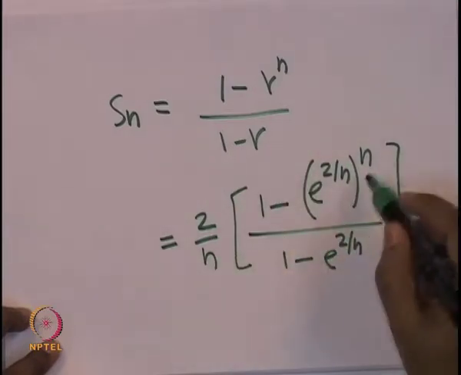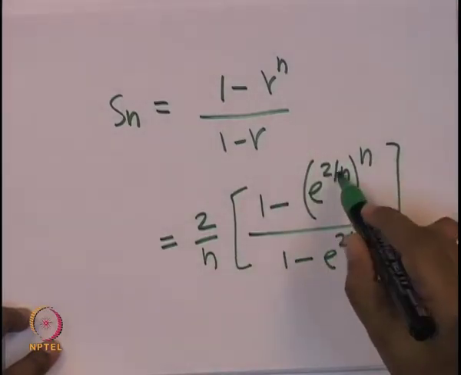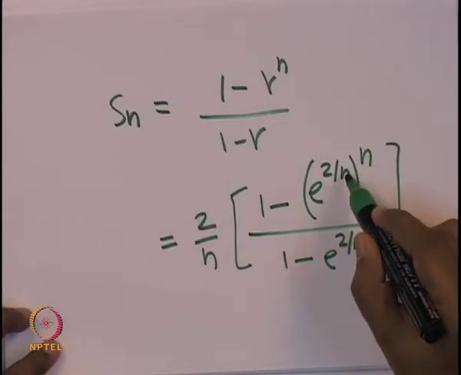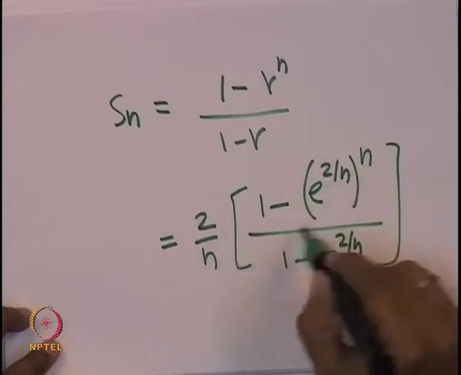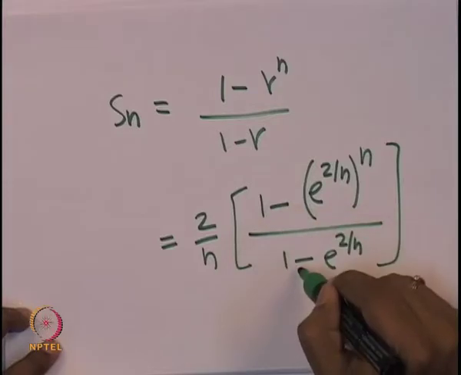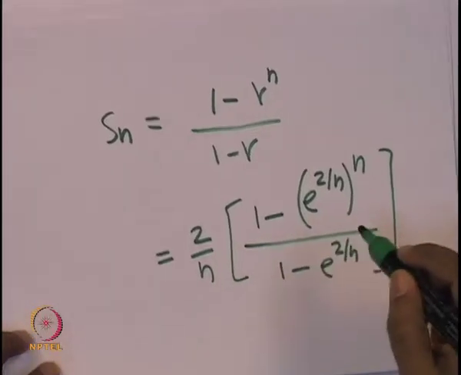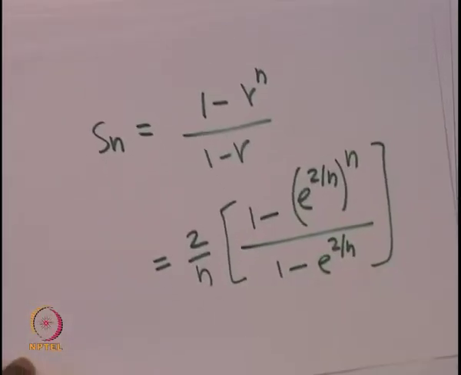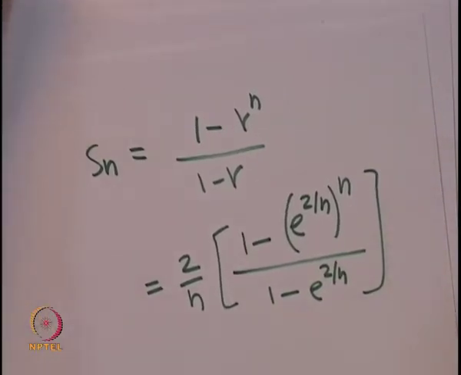Now, e power 2 by n whole power n is nothing but e square. I can take a minus sign out from both numerator and denominator and rewrite this term slightly, and you can see the answer emerging.